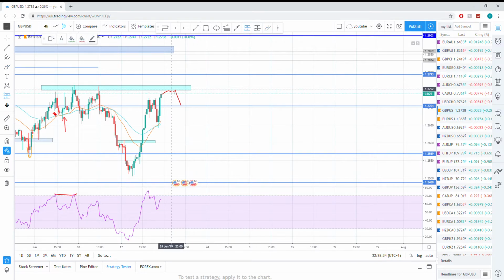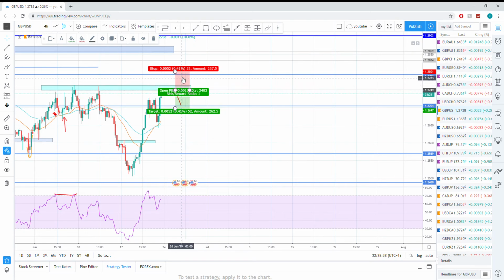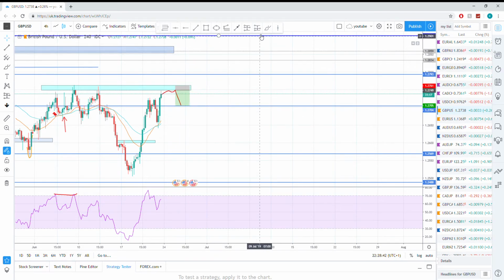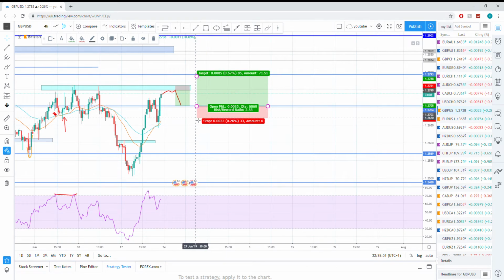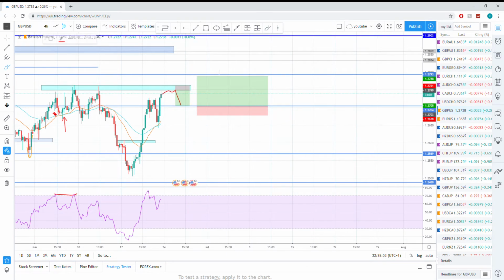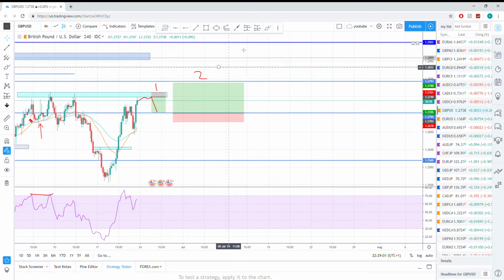We could ultimately short from this point, like so, if we get the right sort of confirmation up towards here, and we could also get our long afterwards and see if we can get touched higher upon that. So this would be our first option, and then this would be our second option as well if we get that scenario.